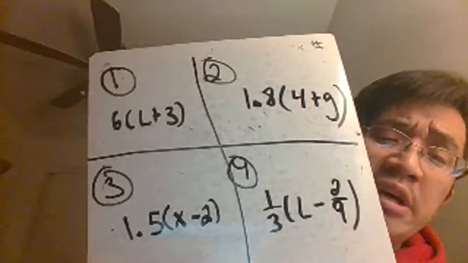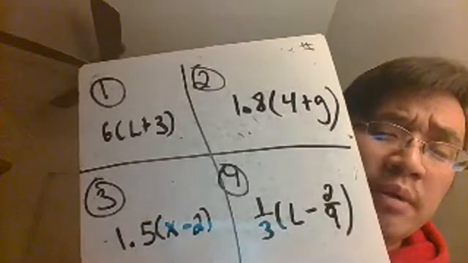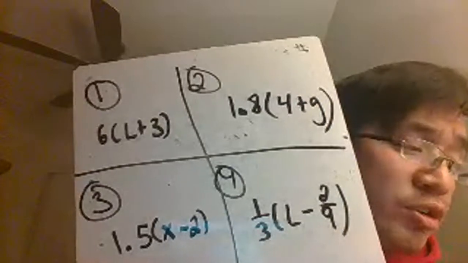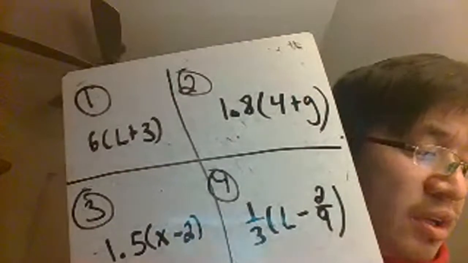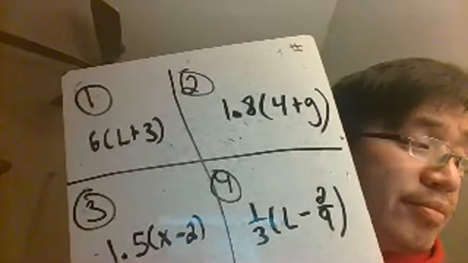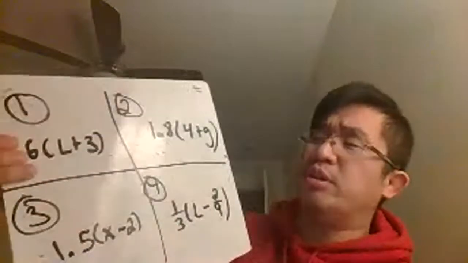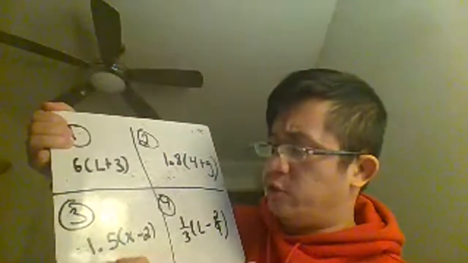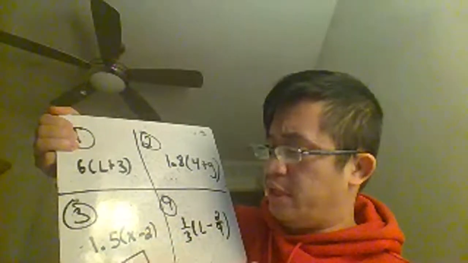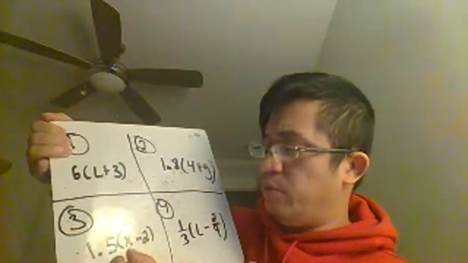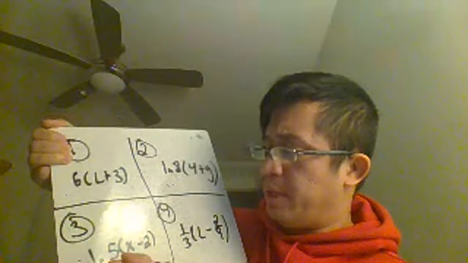Anyway, the instructions right now: can you copy these 4 problems and use the distributive property? If you forgot what the distributive property was, it's drawing these little rectangles and putting what's inside the parentheses on top of the box.